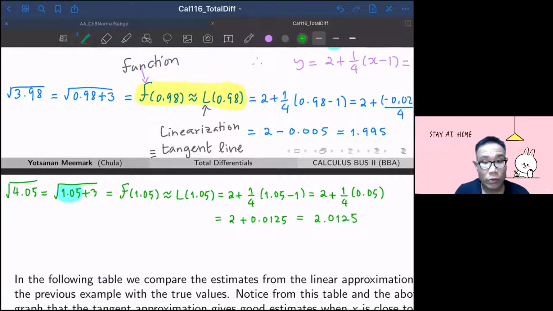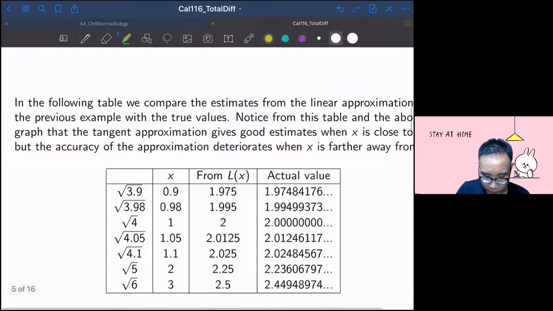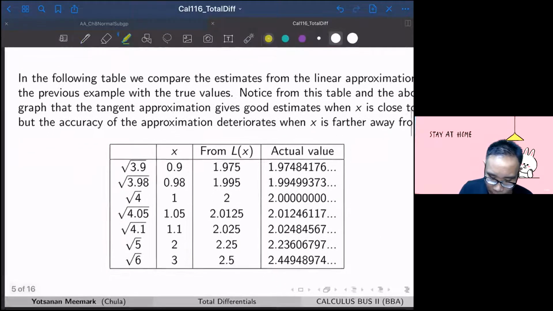So the square root of 4.05 turned out to give you the approximation 2.0125. This one is the yellow one again, the linear approximation, and you see that you obtain the approximation equal to 2.0125, and you see the actual value.